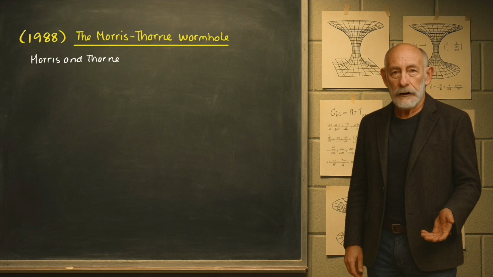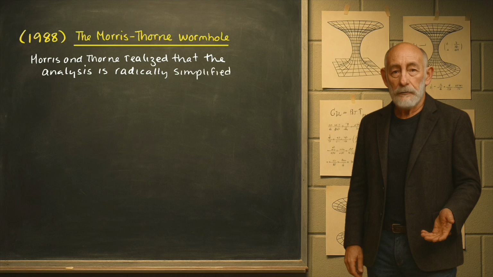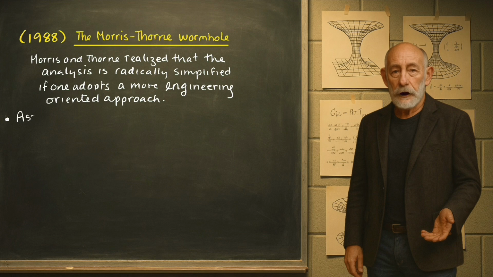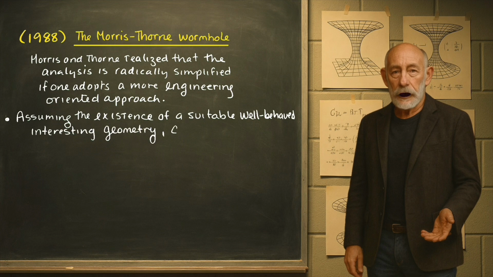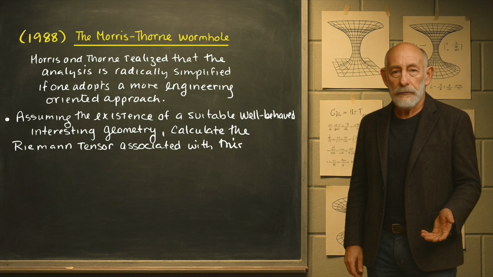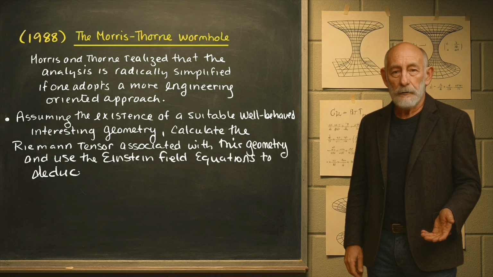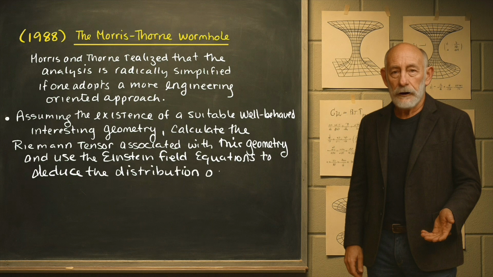Morris and Thorne realized that the analysis is radically simplified if one adopts a more engineering approach to the idea. Assuming the existence of a suitable, well-behaved, interesting geometry, calculate the Riemann tensor associated with this geometry, and use the Einstein field equations to deduce what the distribution of the stress-energy tensor must be.